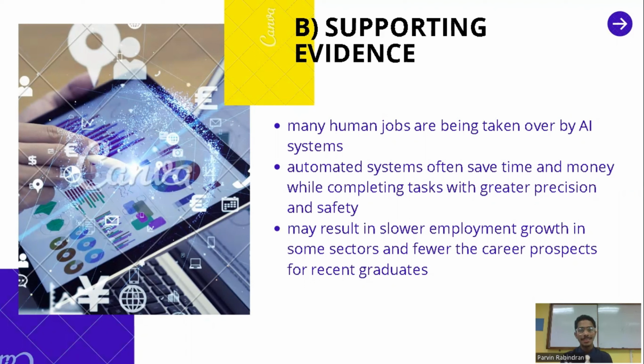Robots and other automated systems, for instance, are widely used in manufacturing sector for tasks such as assembling and material handling, and in the financial sector for tasks as loaning process and credit analysis, reducing or eliminating the need for human labor in both these areas. This phenomenon may also result in slower employment growth in some sectors and fewer career prospects for recent graduates.